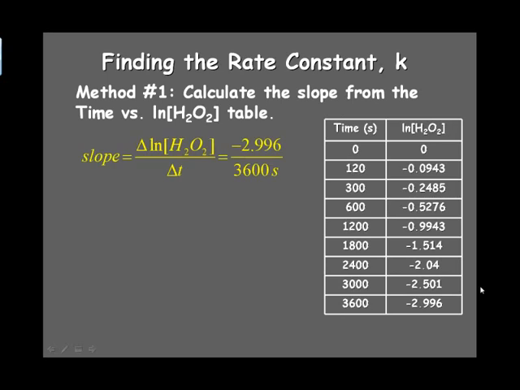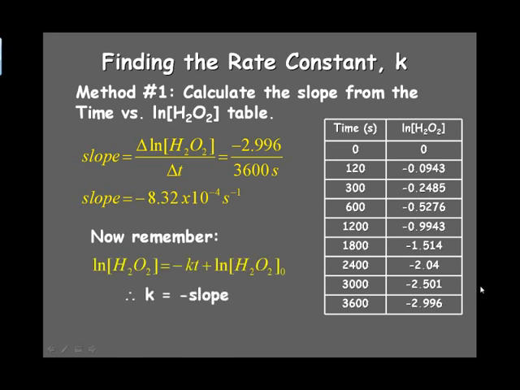So if we go back to that, there's the slope. If we just simply took the change in ln H2O2 over the change in time, the slope would be negative 8.32 times 10 to the negative 4th, and the unit there is seconds to the negative 1.